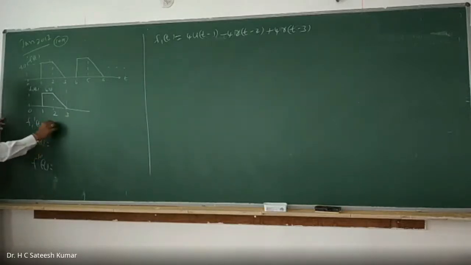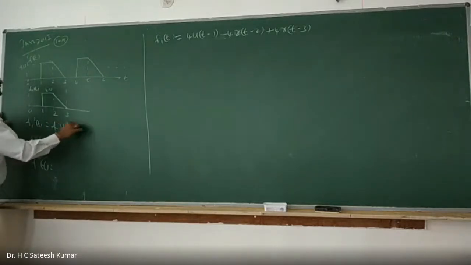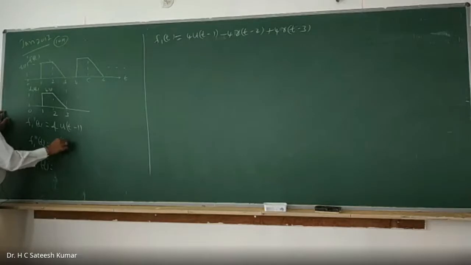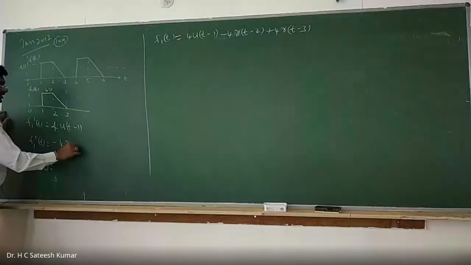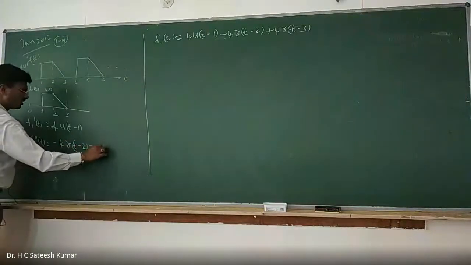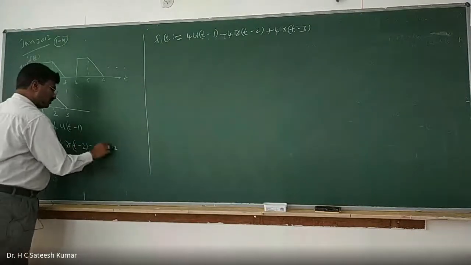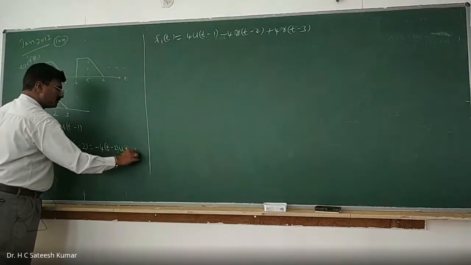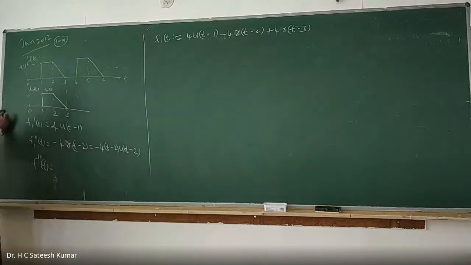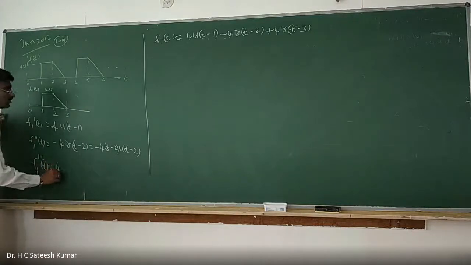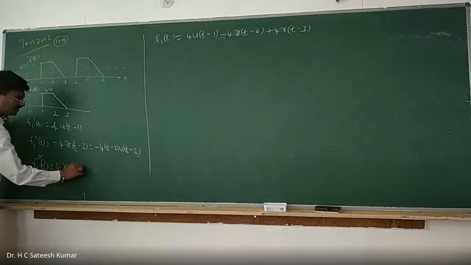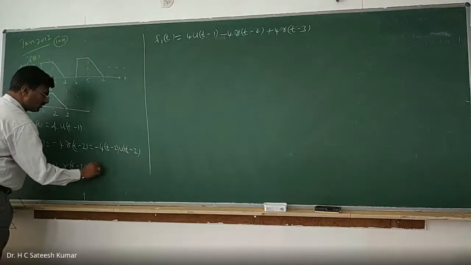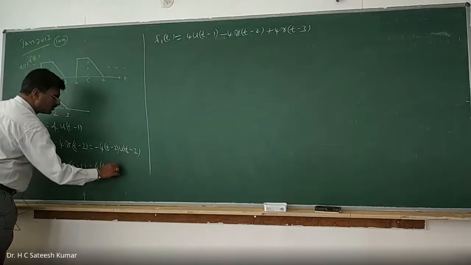What is that? f1 dash of t is 4 into u of t minus 1 minus 4 into r of t minus 2, which is equal to minus 4 into t minus 2 into u of t minus 2. f1 triple dash of t is 4 into r of t minus 3, which is equal to 4 into t minus 3 into u of t minus 3.